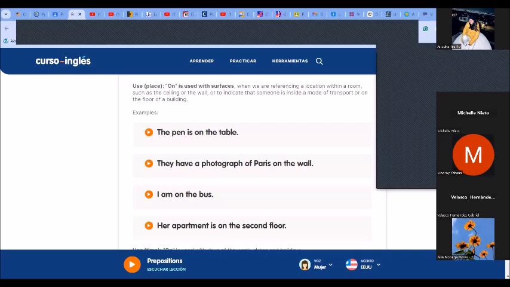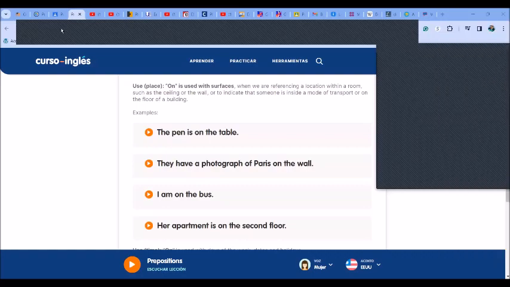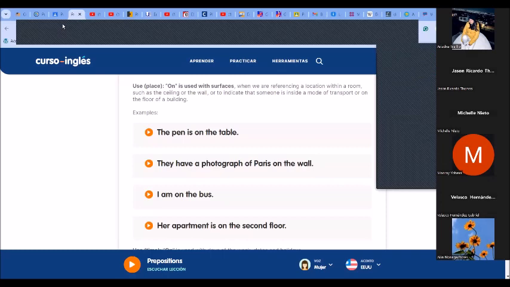Examples: The pen is on the table. They have a photograph of Paris on the wall. I am on the bus. Her apartment is on the second floor.